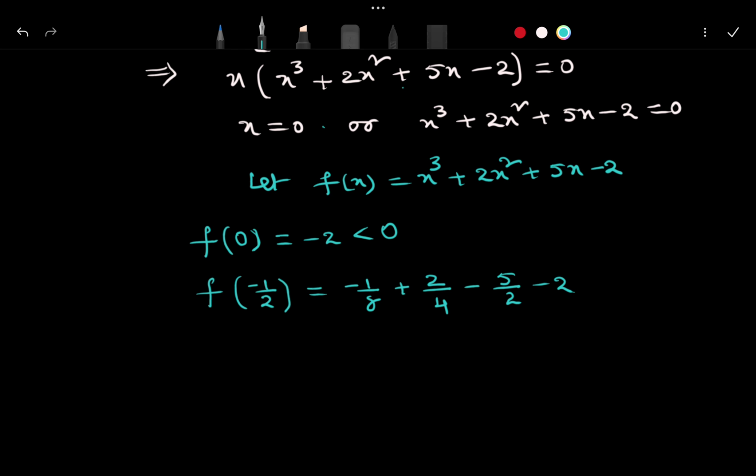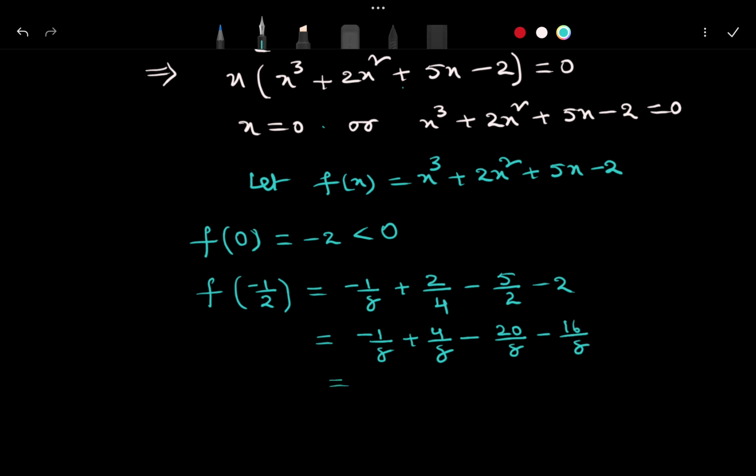Simplifying this value, we can write minus 1 by 8 plus 4 by 8 minus 20 by 8 minus 16 by 8.